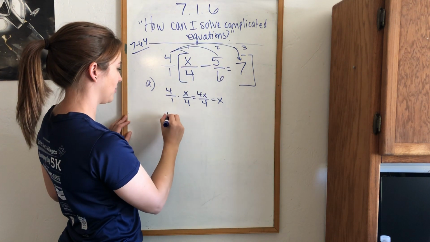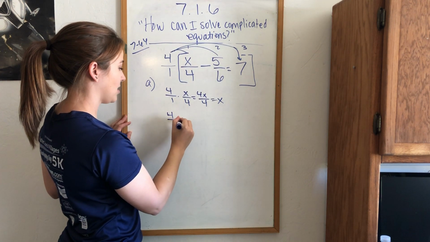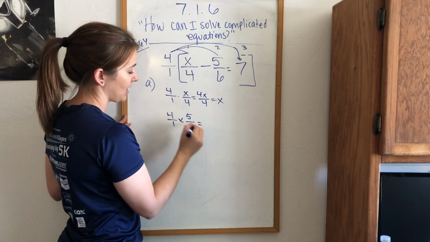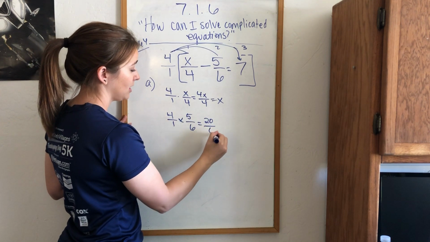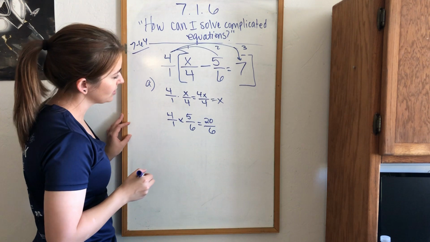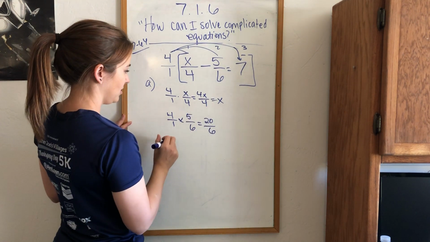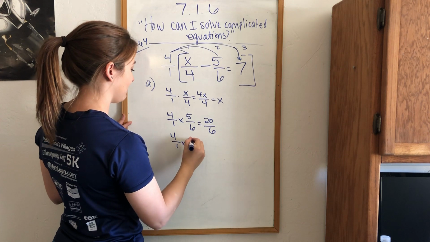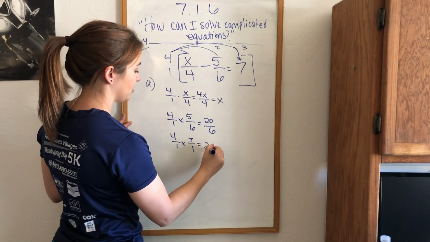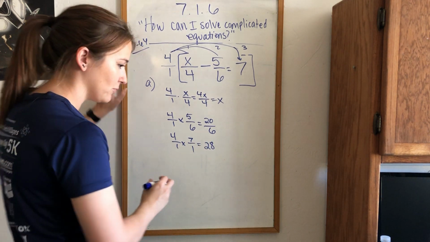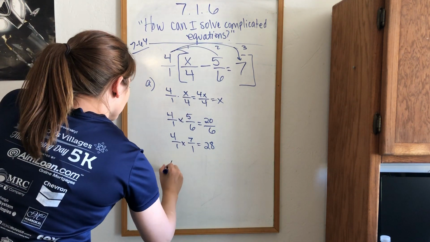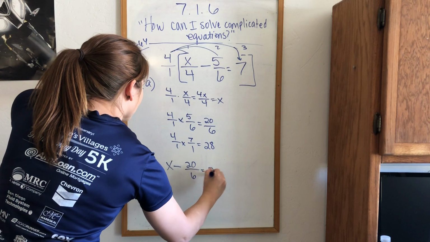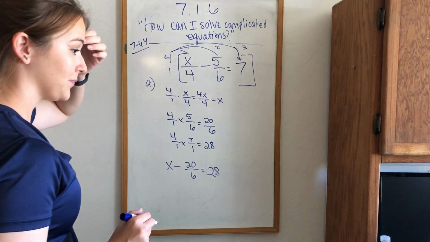We've got 4 over 1 times 5 over 6. 4 times 5 is 20. Keep the denominator because it's times by 1, so 20 over 6. The last one, 4 over 1 times 7 over 1 is 28. So our new equation would look like this: x minus 20 over 6 equals 28.